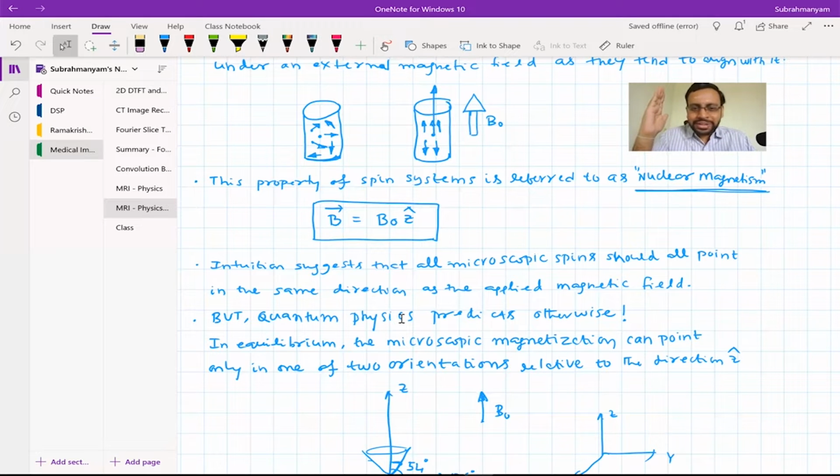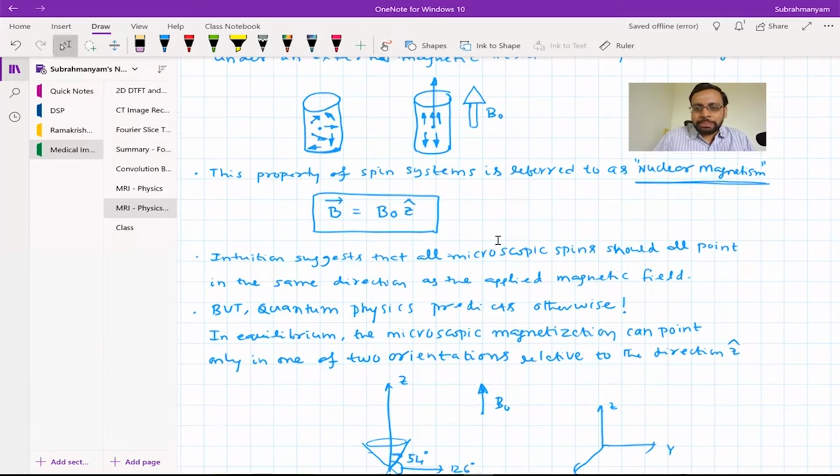But quantum physics predicts otherwise, and this is in fact true: it's not just one state. The spin can be in only two quantum states. It cannot spin randomly, or just in the direction of B naught, but it spins in parallel and in anti-parallel states to the applied field.